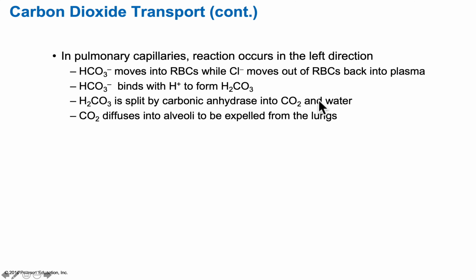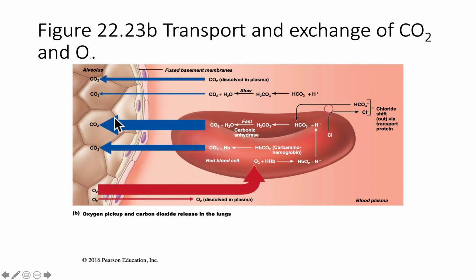The carbon dioxide then diffuses along its partial pressure gradient from blood into the alveoli. So in this drawing, we have an alveolus and we've got gas exchange taking place. We have oxygen moving in. As oxygen enters the red blood cell, it combines with carbaminohemoglobin and forms oxyhemoglobin. And we end up getting a hydrogen that combines with bicarbonate.